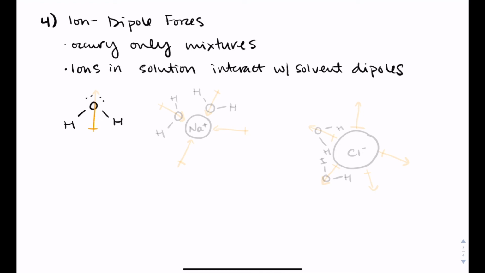But ion dipole forces, this is the interaction with the ion from the ionic compound when it splits up in solution and the dipole of the solvent. I think we have this coming up in a little bit. This is going to contribute to why some things dissolve in water and why some things don't.